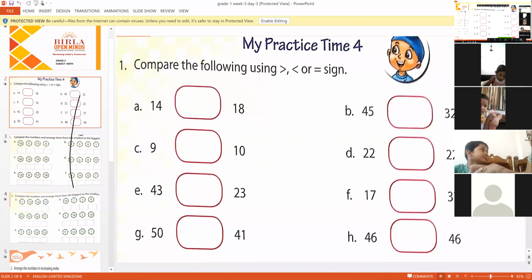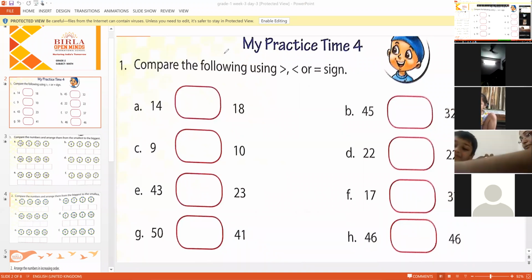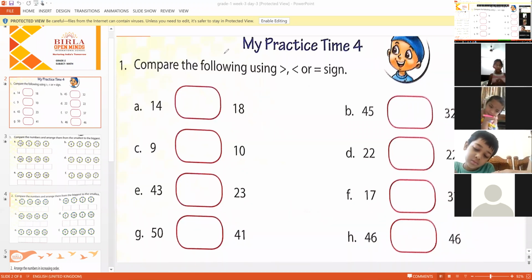So your first bit is, you have to tell between 14 and 18 which number is smaller and which number is greater. Children, just look on your screen. We have to put the correct sign. Your first bit is 14 and 18.